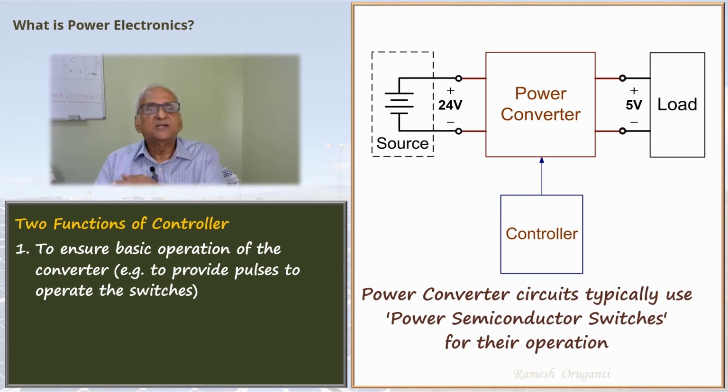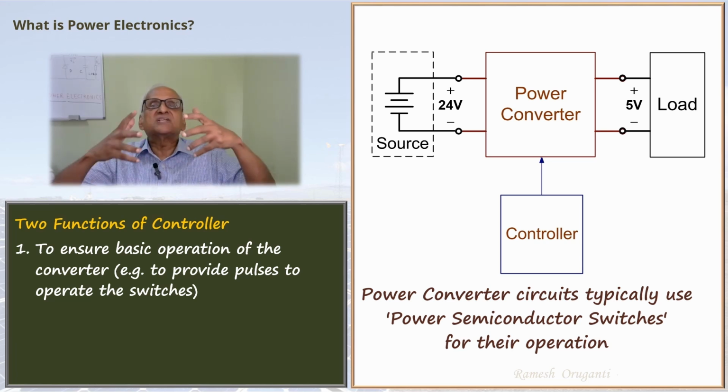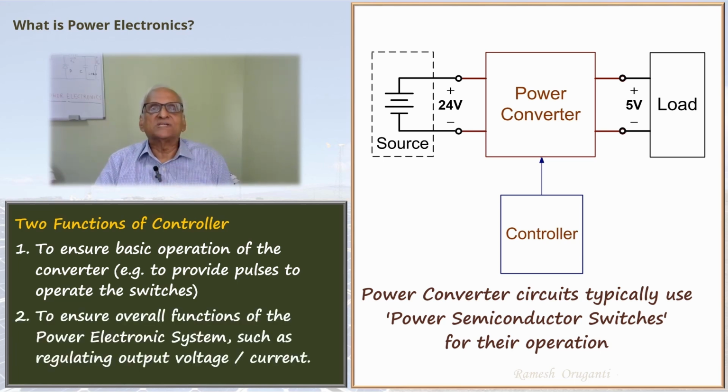The load may be drawing 20 watts and then it can change to 5 watts due to some operation of the load. So the load current changes, the source voltage changes, but we still want the voltage at the terminal of the load to be maintained at 5 volts. For that you need an additional control function to be implemented. That is also done by the controller.